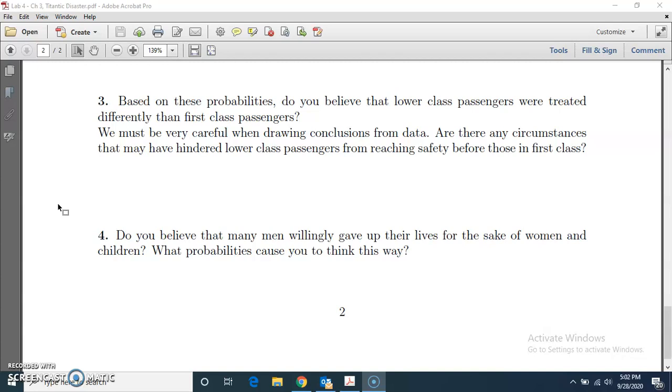And when we say reasons here in a statistics course, when we're studying probability, don't just give your ideas, give probabilities, give numbers to support your claim. What probabilities did you calculate that would support your conclusions here for 3 and 4? So again, there's no right answer so long as you support your ideas with probabilities.